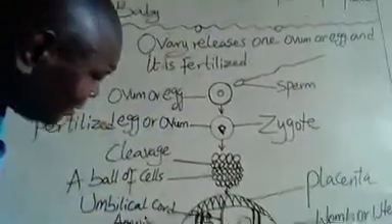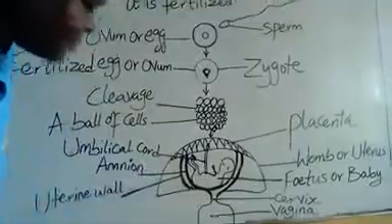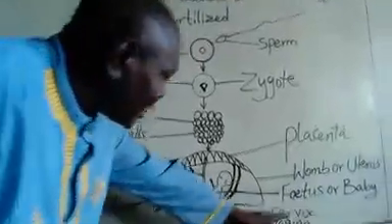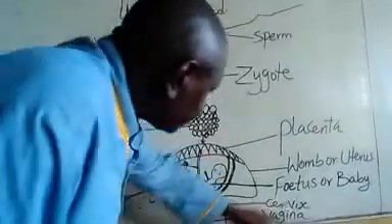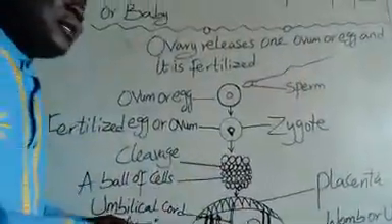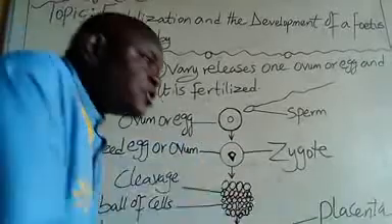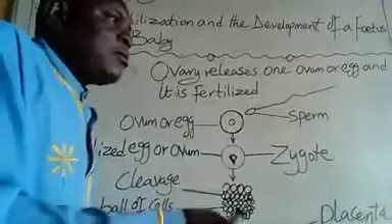We have a cervix. Cervix, look at it. Cervix controls the opening and the closing of the vagina.